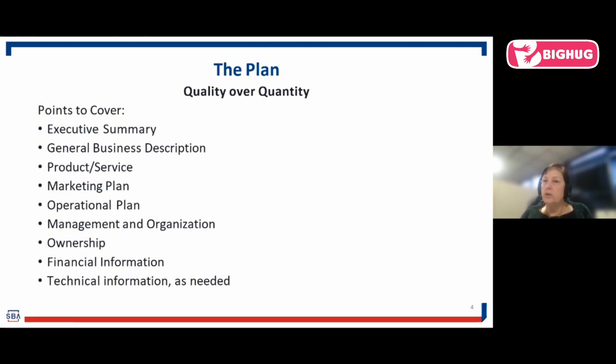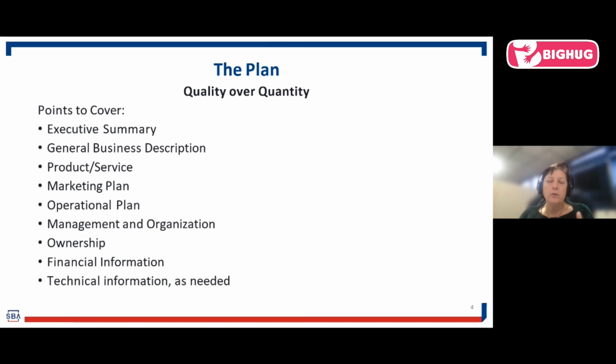So if I were going to do product manufacturing, I would want to talk about the product I'm going to deliver. This is what this product does for the client base. I'm going to have all of this done in-house, or I'm going to have this portion manufactured in-house, this portion contracted out. I have very solid contractors that are going to come in.